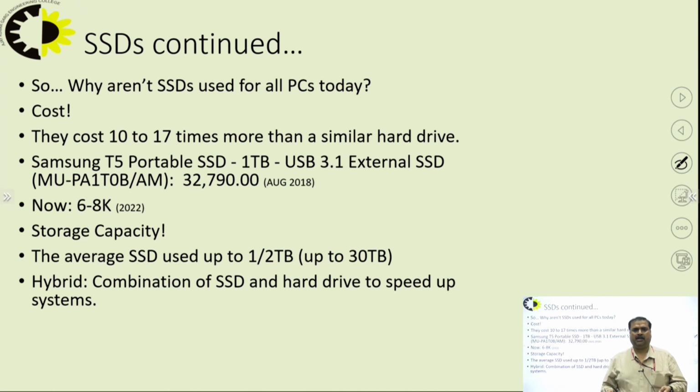We can have some content, like the operating system, on SSDs, and the content which is used less we can keep on a normal hard disk. Such a combination can be used to speed up our system.